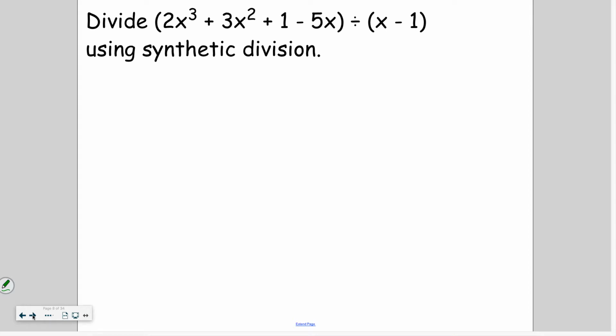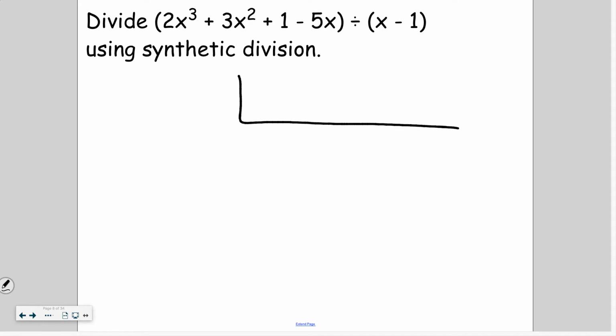All right, divide this using synthetic division. We've already been doing that. Okay? What do you notice, though, about our polynomial? 2x cubed plus 3x squared plus 1 minus 5x. It is not in standard form.